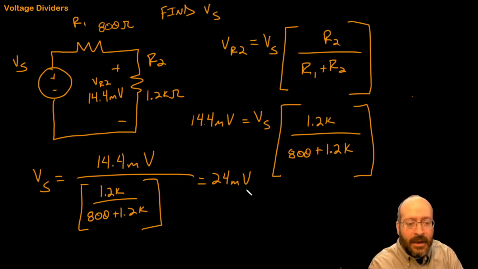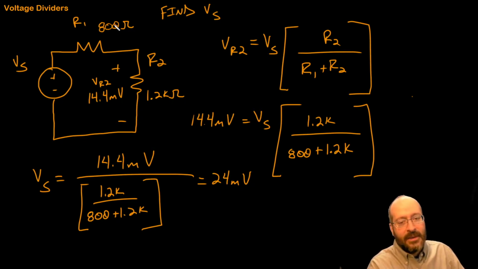11.52. Well, my first look at it said, well, that's smaller than the voltage going in. But then I went, no, it's in volts, not millivolts. But that's a very large voltage compared to millivolts. 11.52 volts compared to 14.4 millivolts. Now, these resistors are different, but they're not drastically different.